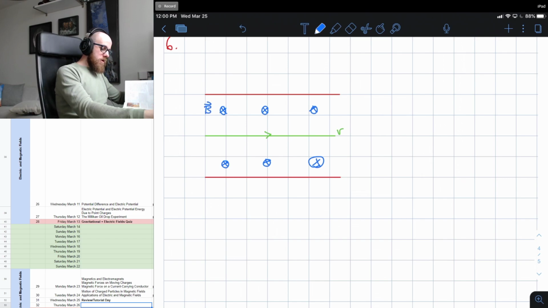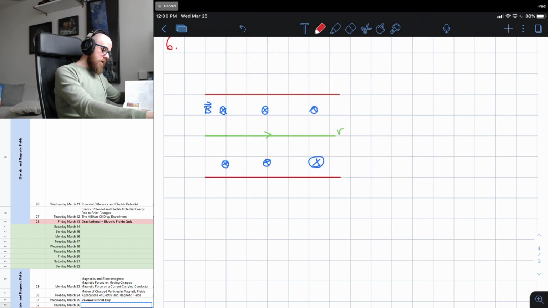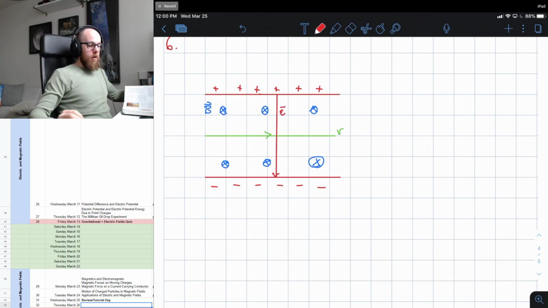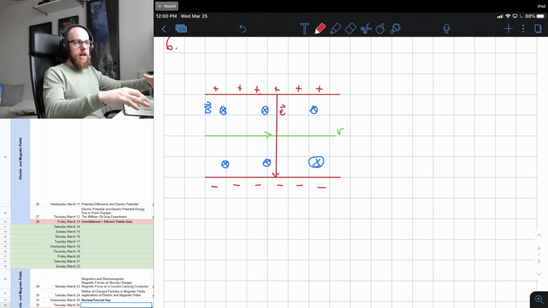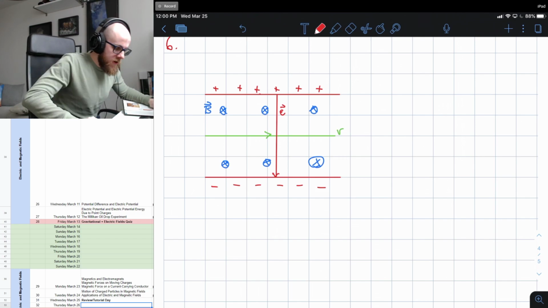And we're also told, because this is some sort of parallel plate capacitor, right? So we have, say, positive charges up here, negative charges down here. In this region of space, we have an electric field, a uniform electric field everywhere within that parallel plate portion of this experimental setup. Okay.